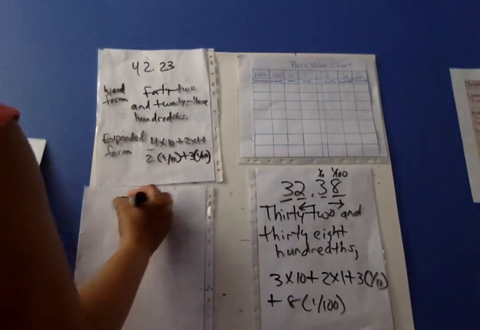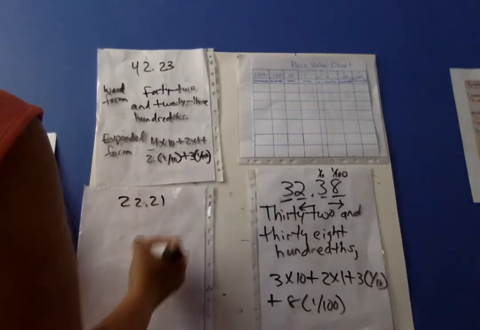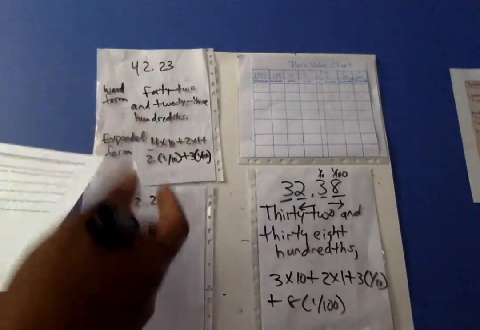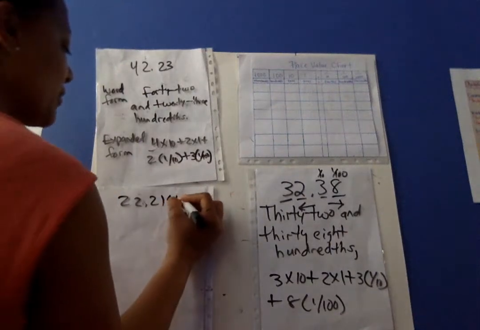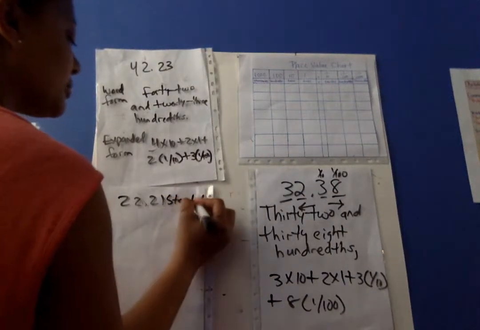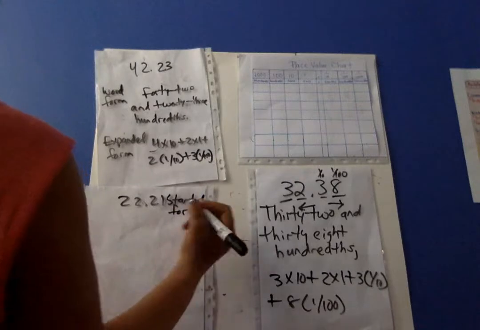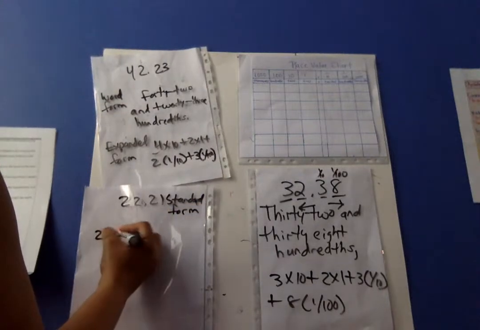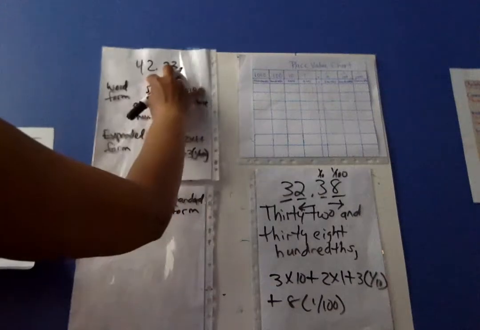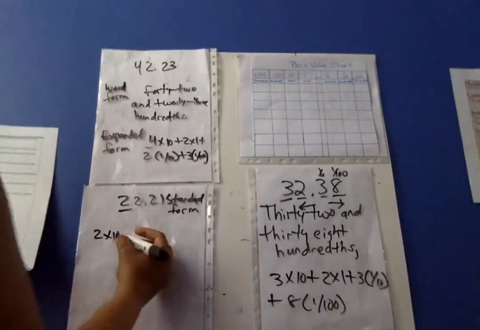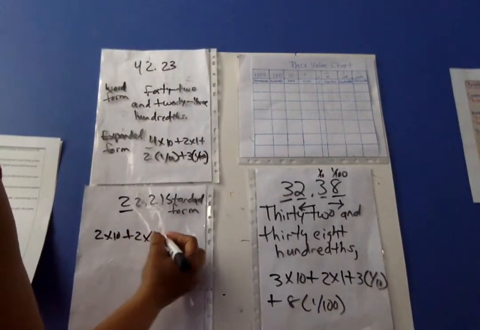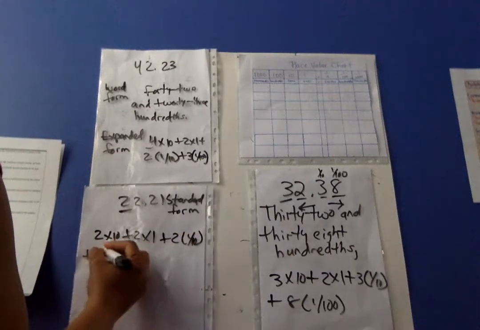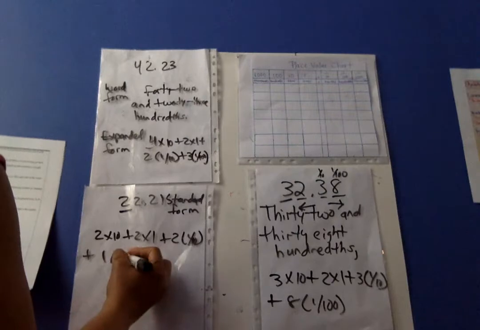Very good. Now this last one, 22.21. What form is it in? Students will say standard form. Let's write standard form. I can put it in expanded form. 2 times 10 plus 2 times 1 plus 2 and 1/10 plus 1 and 1/100.